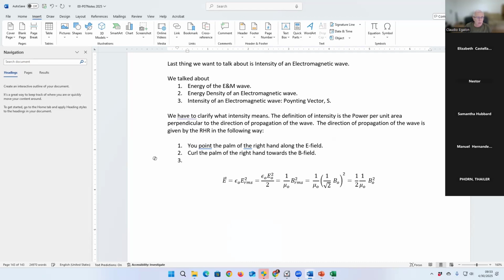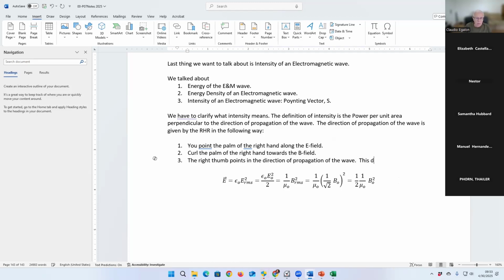And three, the direction of propagation of the wave. Here you go. The right thumb points in the direction of propagation of the wave. Okay.